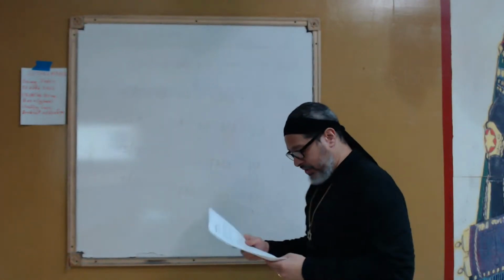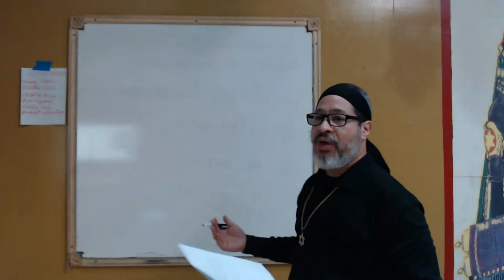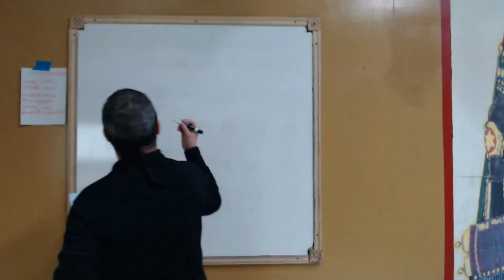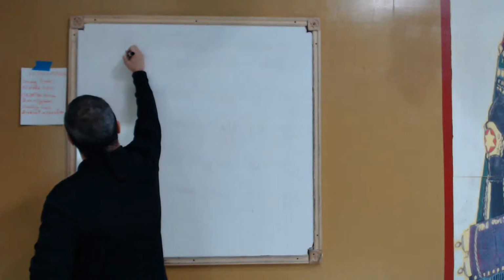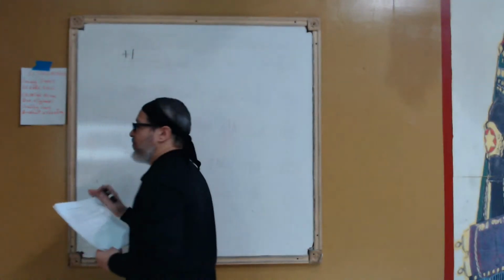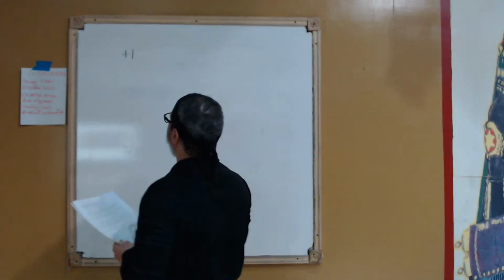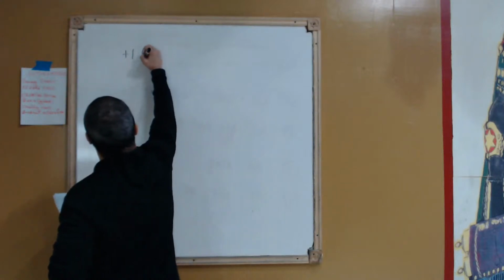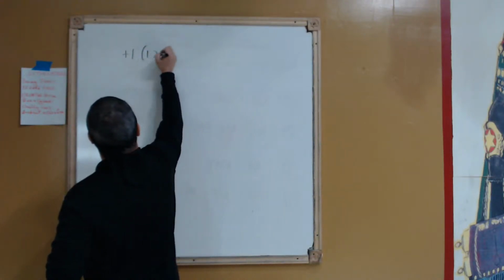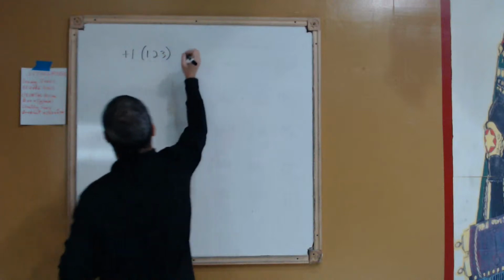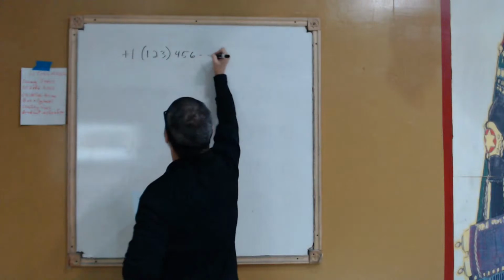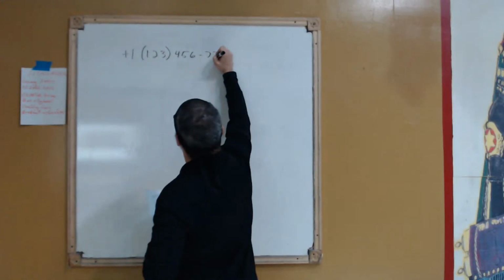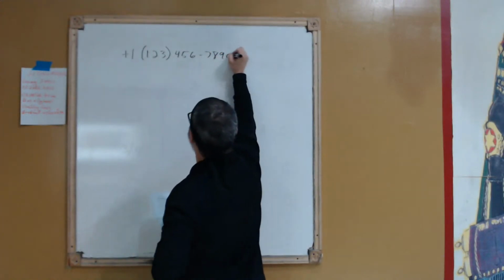So another way of memorizing this is like a phone number. A phone number is typically, you dial a 1 first, if you're in the United States, then you dial the next 3 characters, which is the area code. 1, 2, 3, 4, 5, 6, 7, 8, 9, 0.